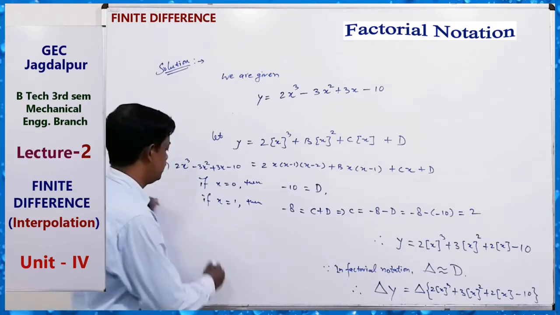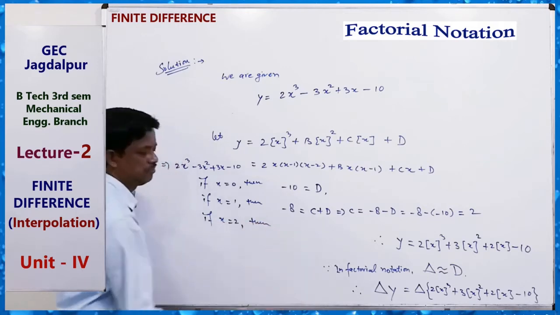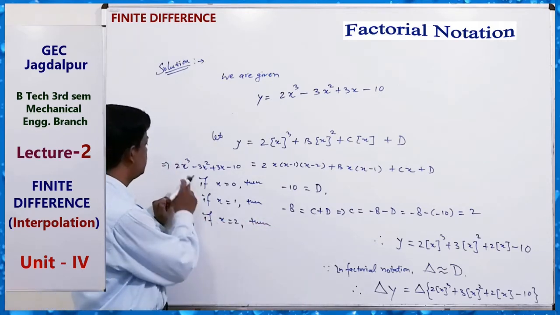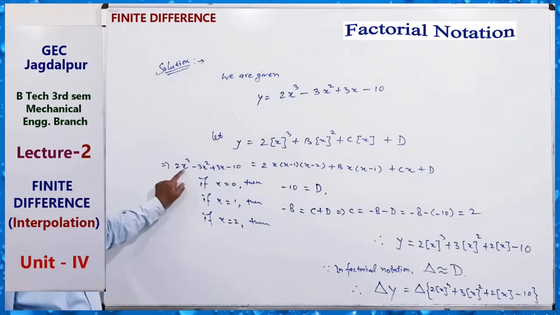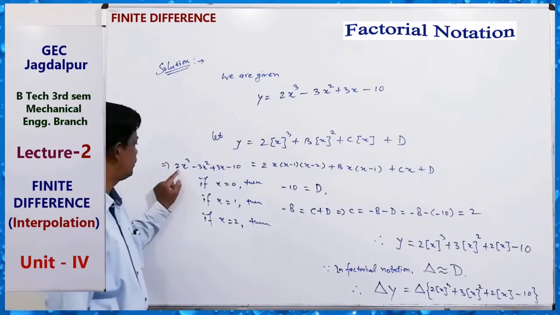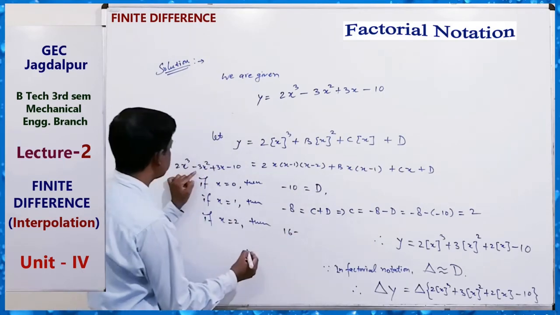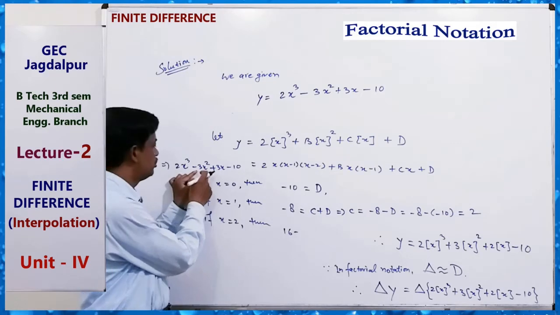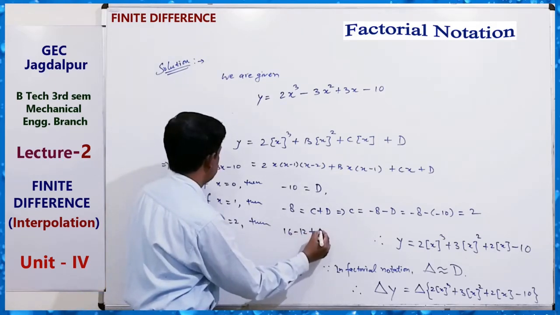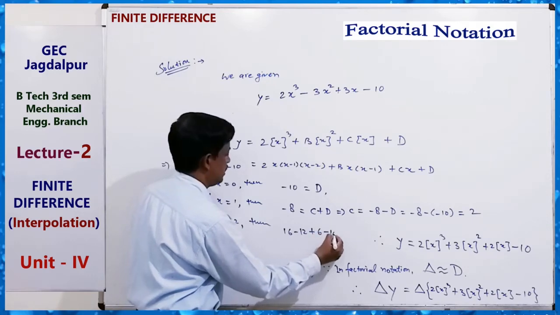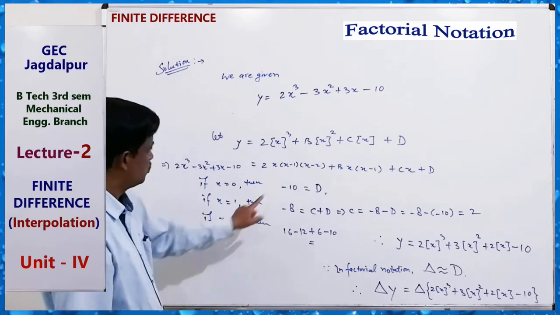Now for b, if x equals 2, then here you can solve it. 2 means 8 into 2 is 16, 16 minus 3 into 4, 12, plus 6, minus 10 on the left hand side. Right hand side, x equals 2, this is 0.